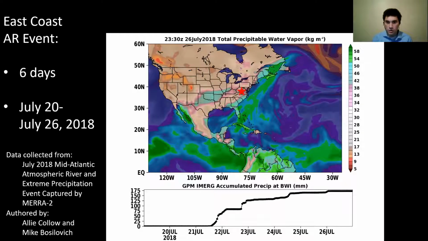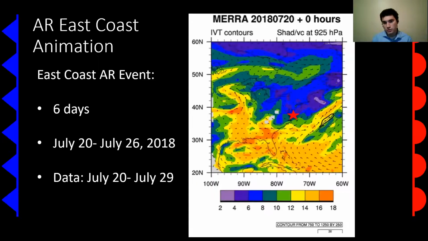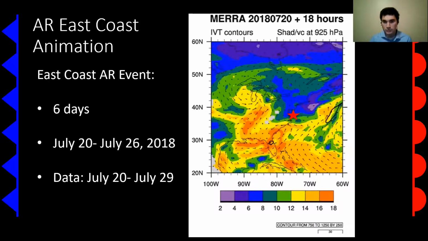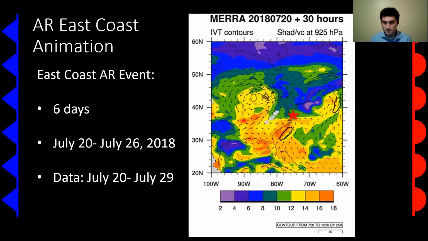And so the star will be shown here as well. And so it's still Baltimore. And so this graph, or this animation, shows specific humidity as the colors, which is a direct relation to moisture.